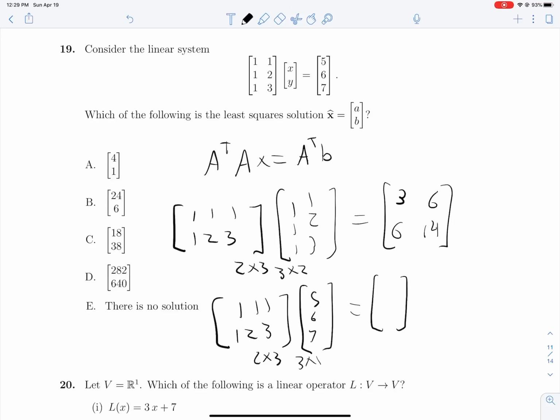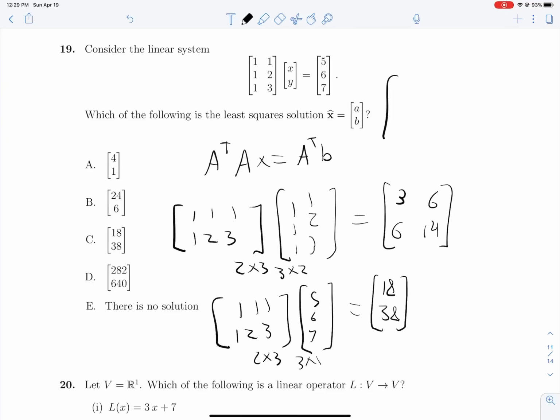And this gives us 5 plus 6 plus 7, which is 18, and then 5 plus 12 plus 21, which is 38. Don't worry, I didn't actually do that fast. I remember from working on this problem this morning.